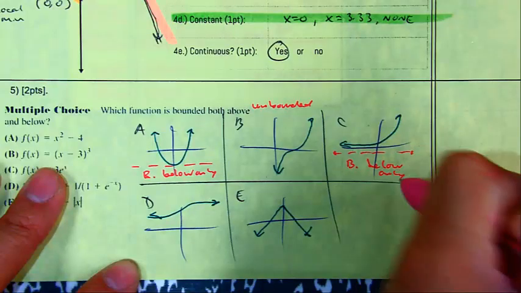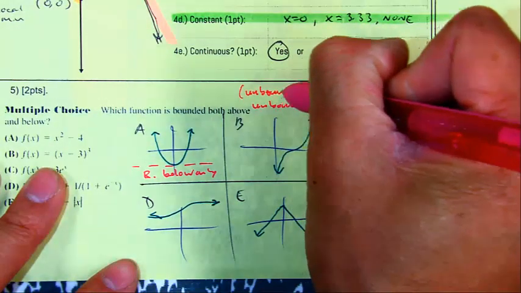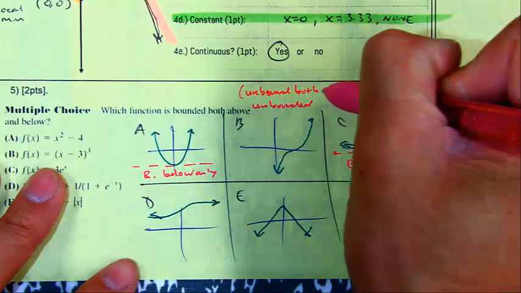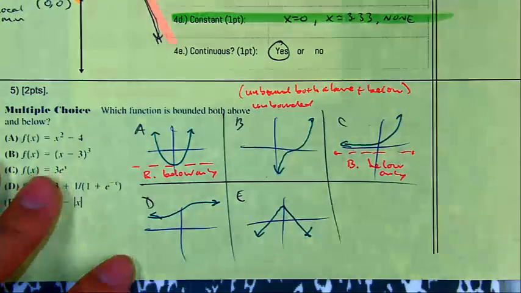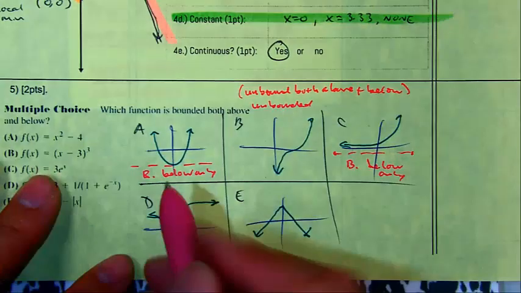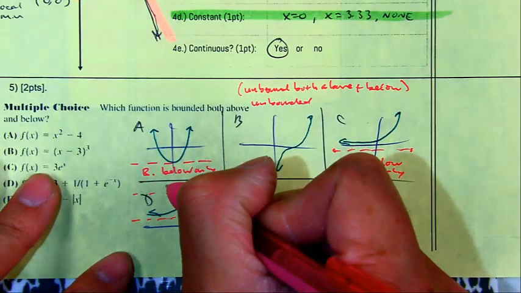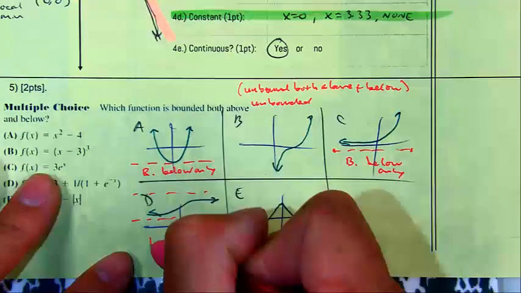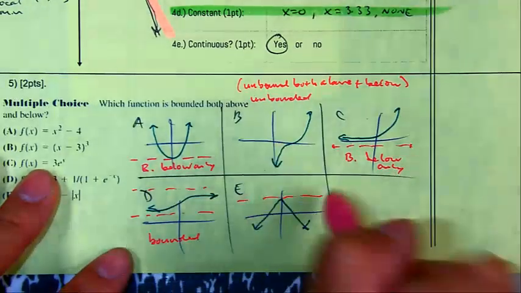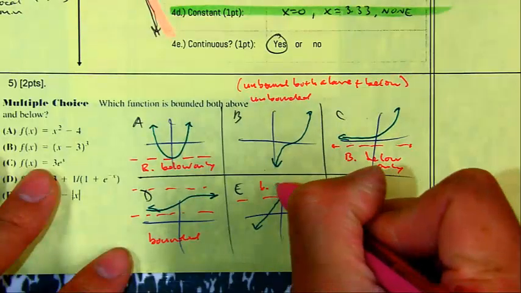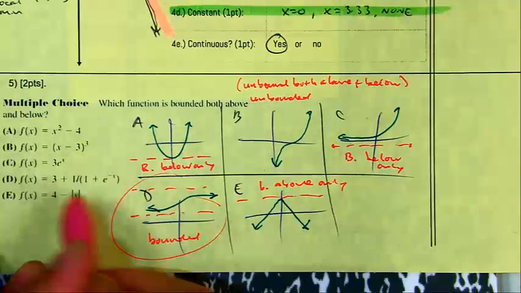So unbounded means it's unbounded both above and below. You can go anywhere. This one has boundaries below and above, so this one is bounded. This one is only bounded above only. So the only one that's bounded is D, the logistic.